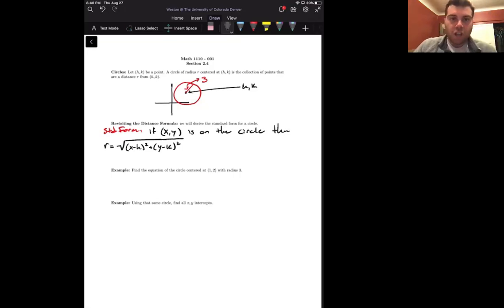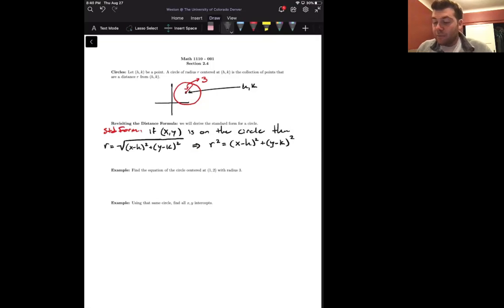So this is just the distance formula. And now we'll take both sides and square them. So r squared equals (x minus h) squared plus (y minus k) squared. So therefore, this equation describes any point that is on the circle.